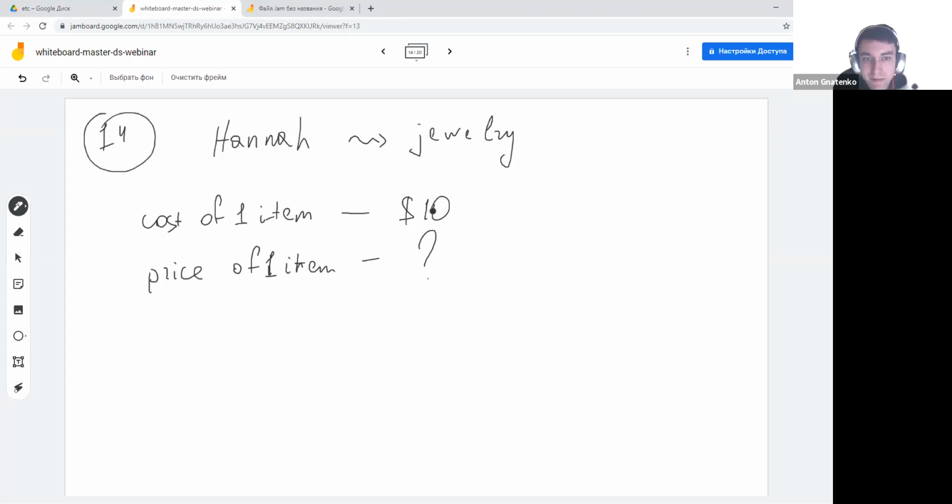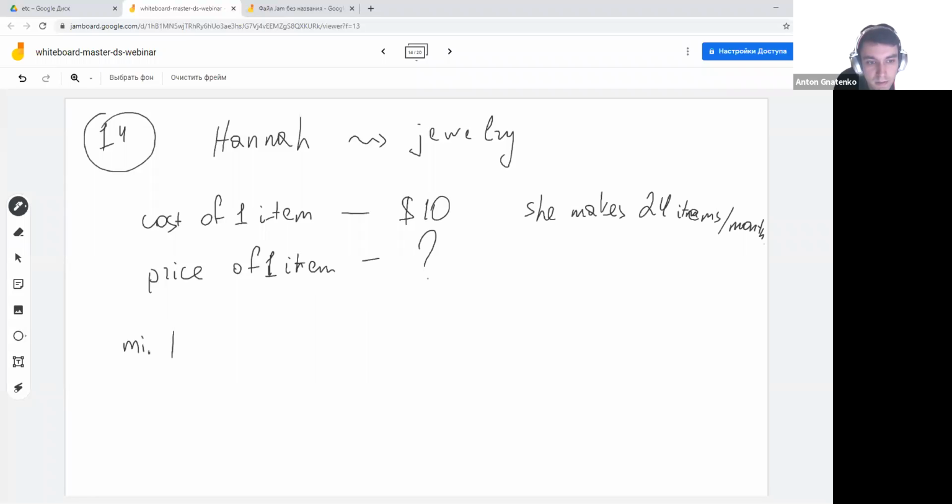Knowing that the cost of producing one item is $10, and that she makes 24 items a month, we need to find the minimal price.